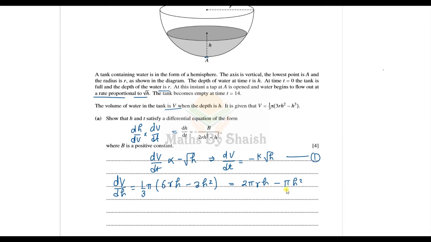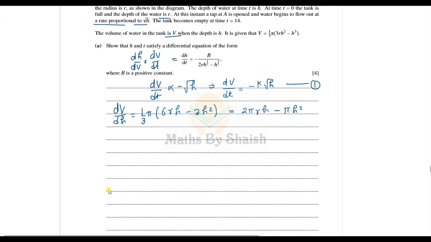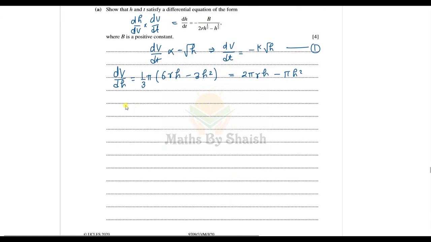So this is dV over dh, let's take it as equation number 2, and hence dh over dt is dh over dV into dV over dt. I'll write dV over dt in the numerator because dh over dV is 1 over dV over dh.